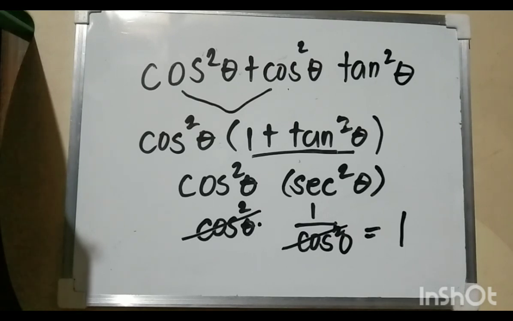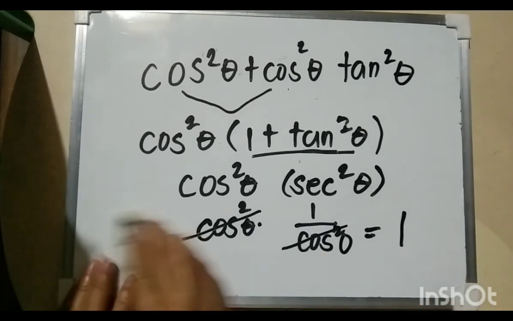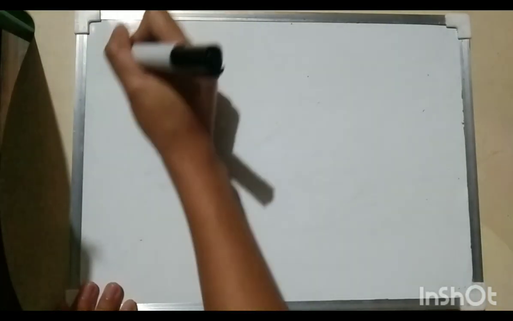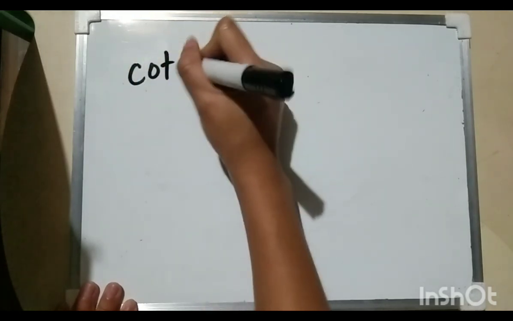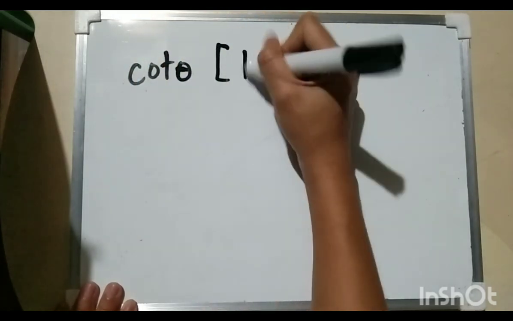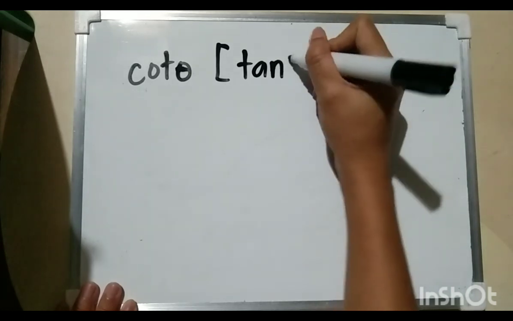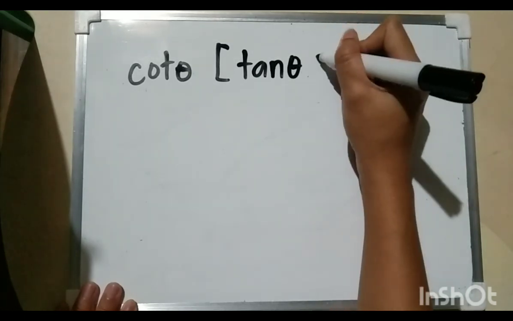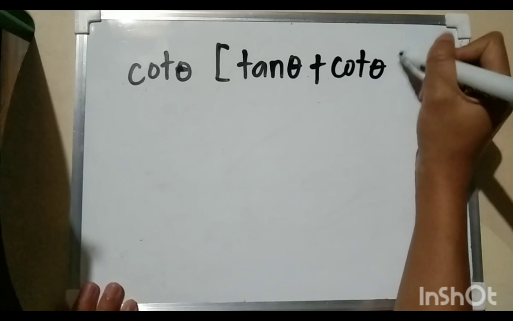Now let's proceed with our third example. We have here cotangent theta times tangent theta plus cotangent theta.